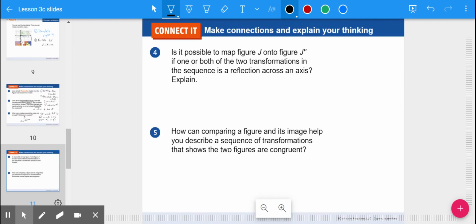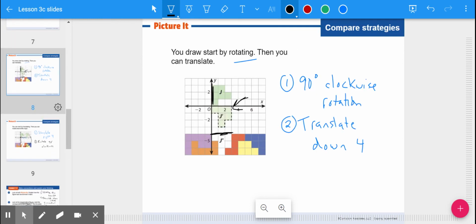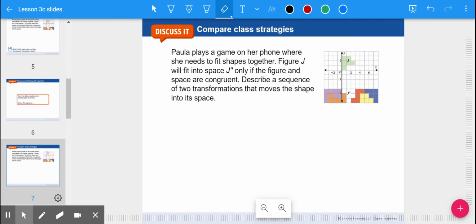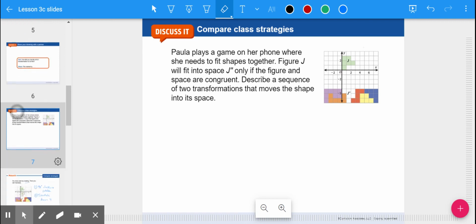All right, number 4. Is it possible to map figure J onto J double prime if one or both of the two transformations in the sequence is a reflection across an axis? Explain. Now, if you found a way, that's awesome. I would say yes, if you did another reflection, it would have to be more, because that would change the orientation.